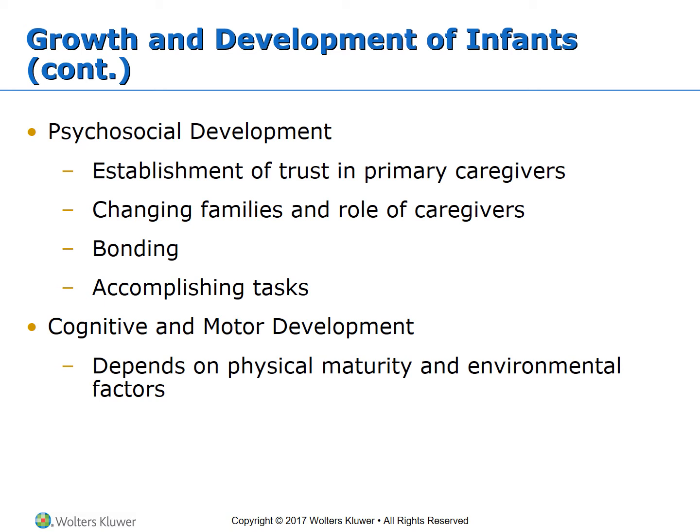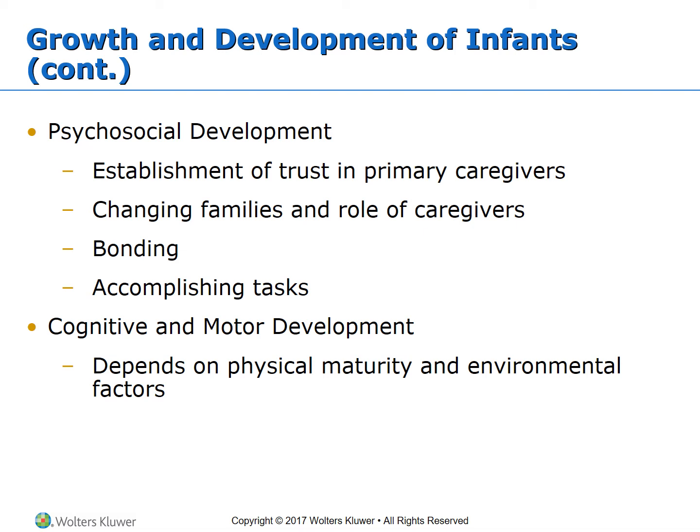They will turn their head towards sound and can differentiate between pleasant and unpleasant noises. They cry to signal their needs. They will pay attention to their parents' voices. And usually at this stage, they will sleep about 18 to 20 hours a day.